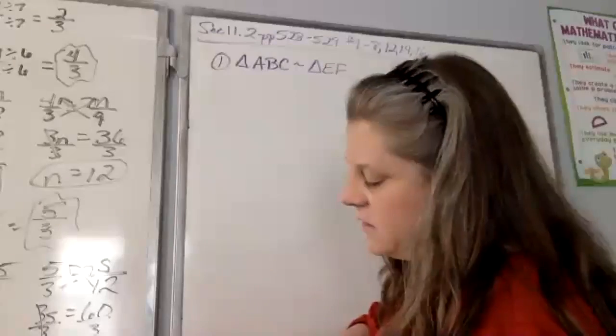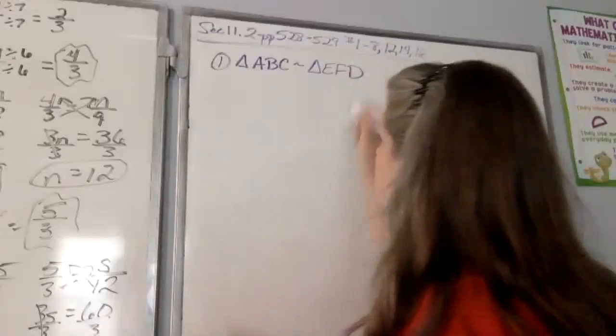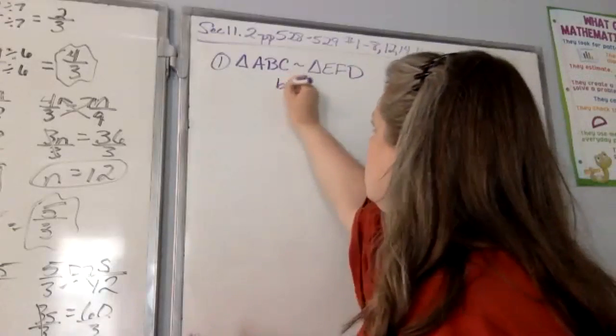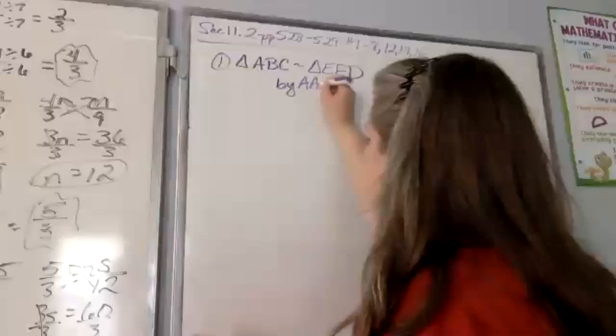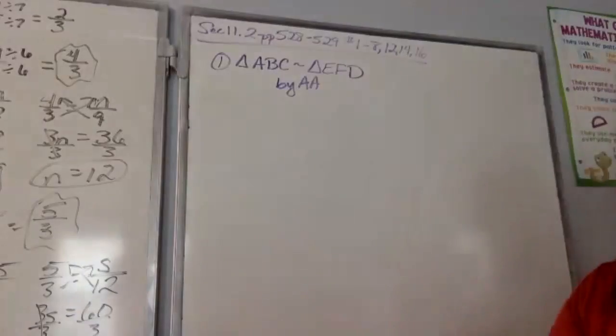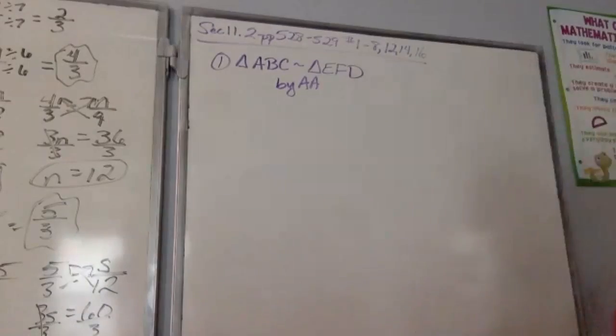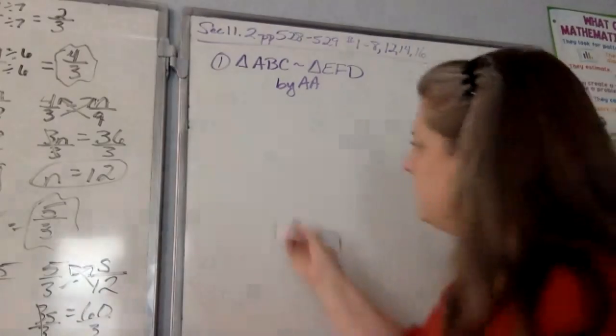And C had 2 arcs that matched up with D. So those 2 triangles are similar by angle, angle, because 2 angles of one were congruent to 2 angles of the other. Okay? So that's all we do on here.